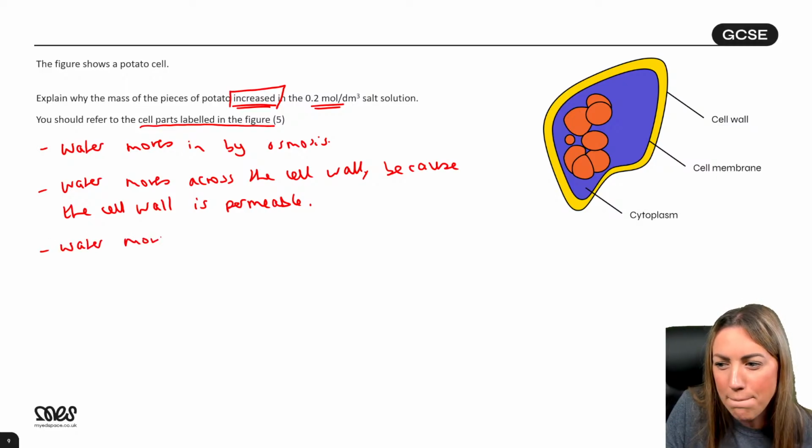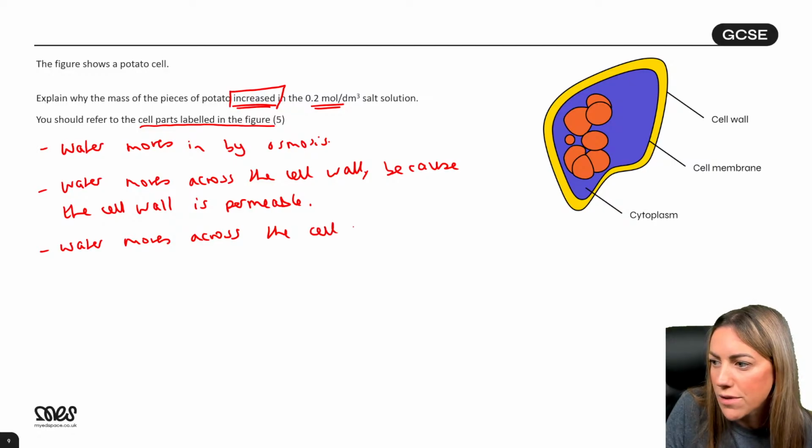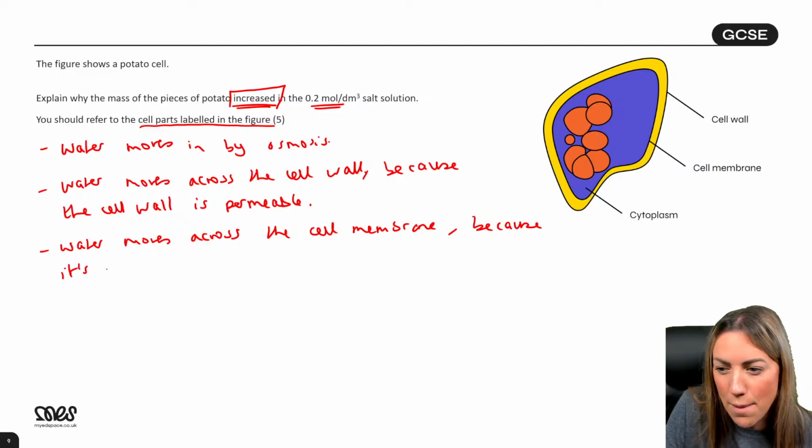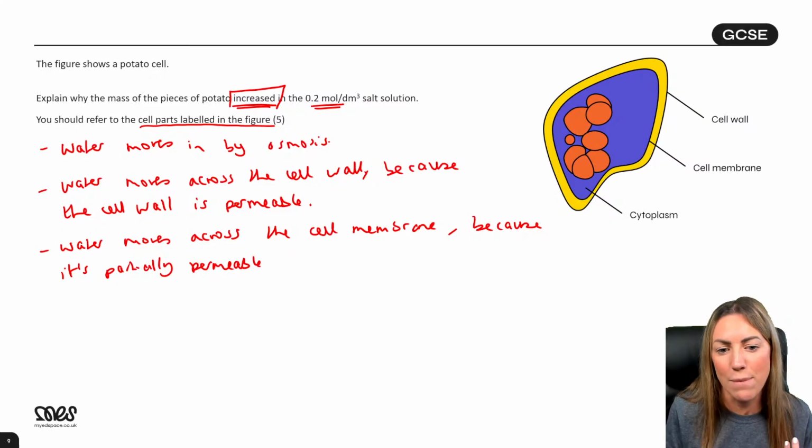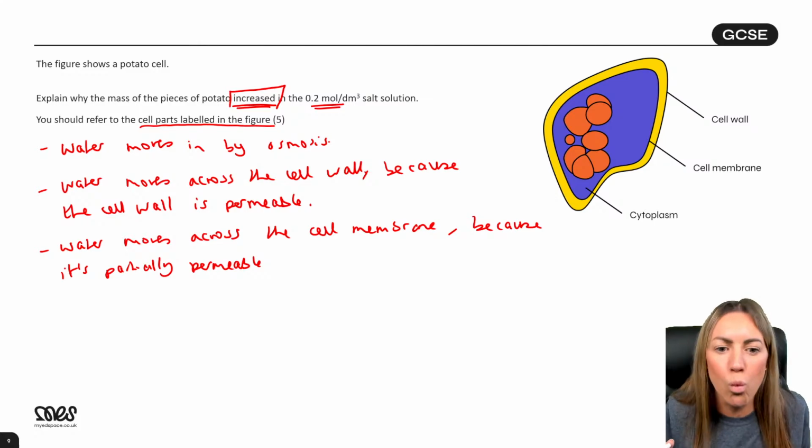And then water moves across the, what else is labeled? The cell membrane. Why? Because it's partially permeable. So it's not fully permeable, it's partially permeable. We know that about cell membranes, but it does allow water through.